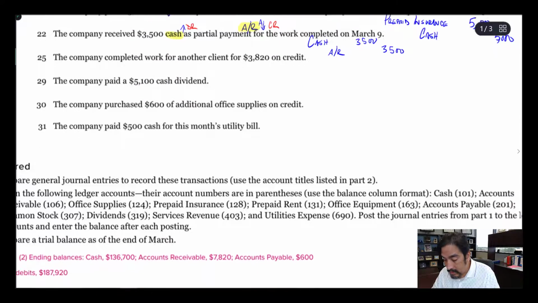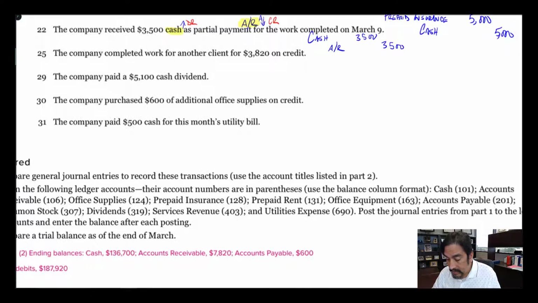Next, 25, we completed work for another client, $3,820 on credit. This is one of those that are a little tougher because it doesn't say the account name. We completed work, so we're going to call that service revenue. That's one account.